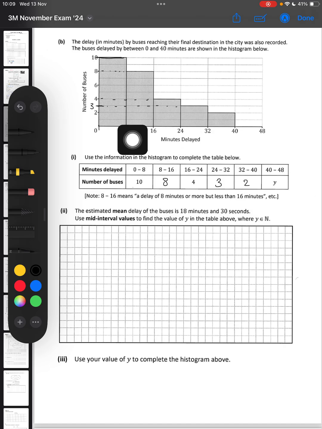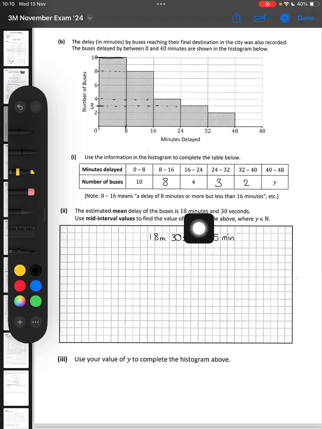Now, all of these are talked about in terms of minutes, not minutes and seconds. So straight away, the first thing I'm going to write down for myself is that 18 minutes 30 seconds is 18 and a half, 18.5 minutes.